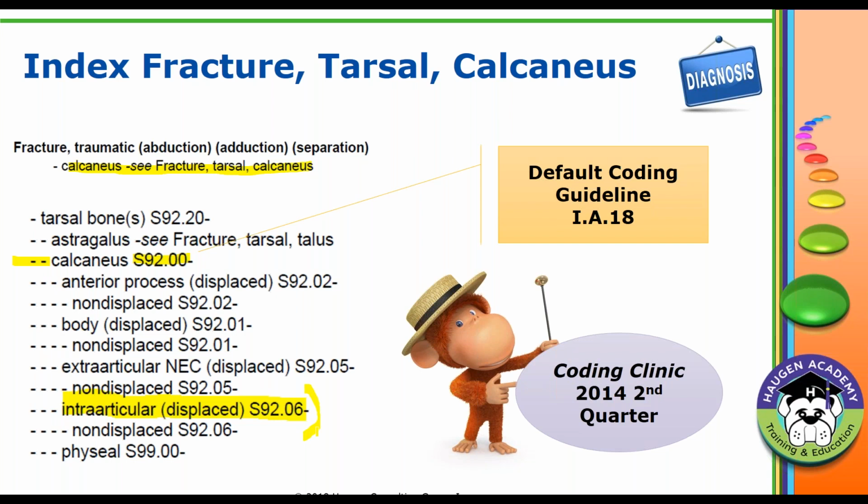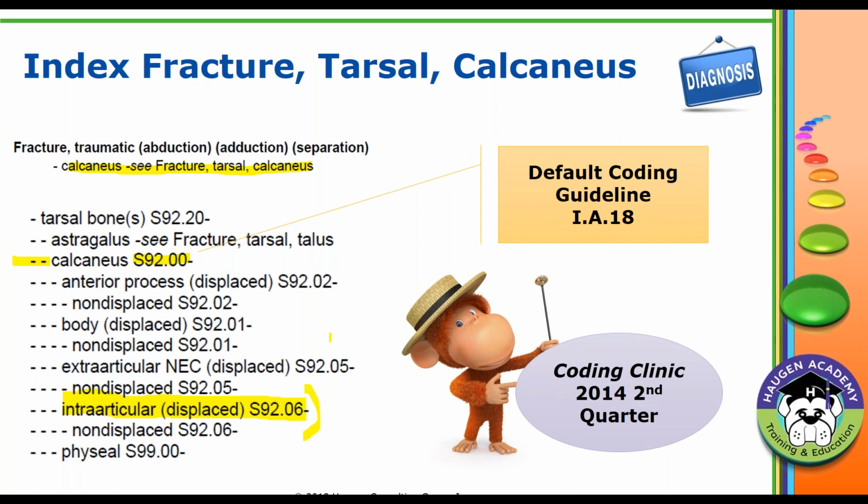There is a Coding Clinic, 2014 second quarter, that gives us instruction that we can use the radiology report to supplement our physician's diagnosis coding. That is why we are going to choose S92.06. And even though that Coding Clinic is from 2014, it reconfirmed that the information carries over to our ICD-10 coding.